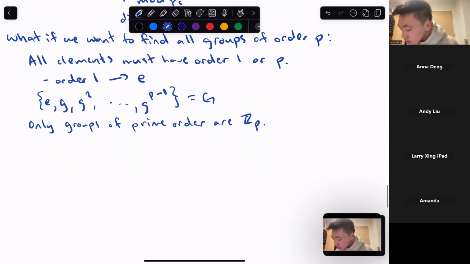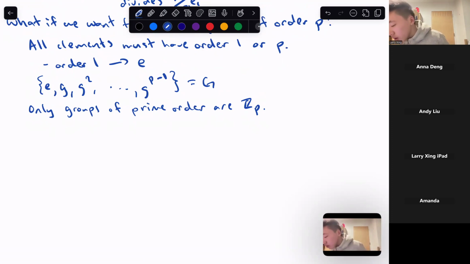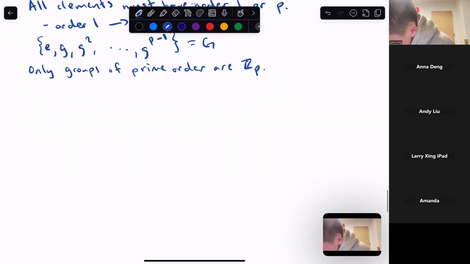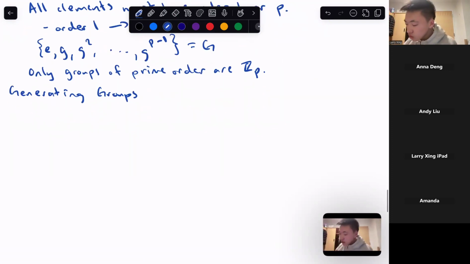Let's try to formalize this idea of generating a group because that might be helpful for non-prime orders. So suppose we wanted to generate a group from two elements, a and b.